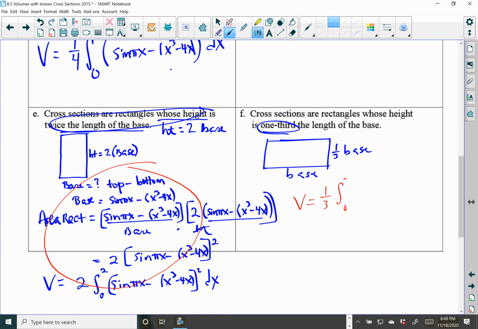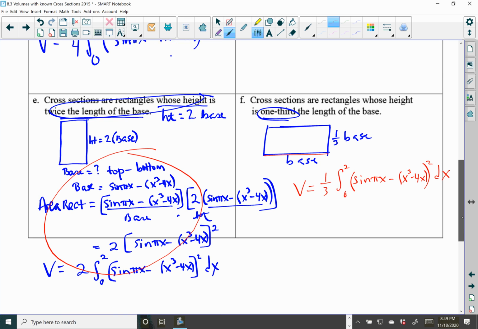So 0 to 2, base times base. And to get that base, it's the distance across. So top minus bottom quantity squared dx.